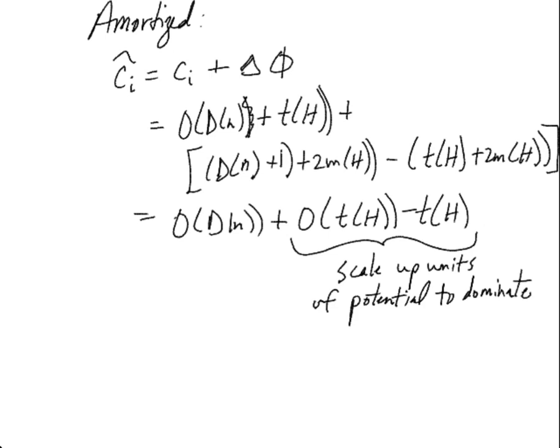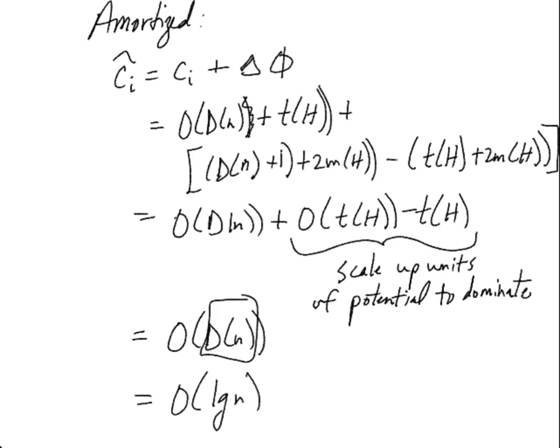So what we end up with is it's order d of n. And what we haven't proven is that the degree of any node is bounded by the log of n. So it's logarithmic for extracting the min value from a Fibonacci heap. Insertion is constant time.